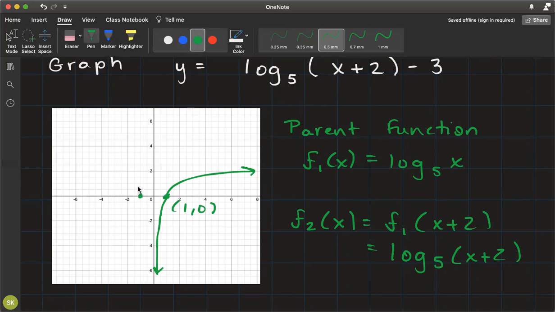So this (1, 0) now became (negative 1, 0). And then this portion of the graph is going to look very similar. And then this vertical asymptote, which is x is equal to 0, will move over 2 units to x is equal to negative 2. You might even want to draw a dotted line there to help you graph this.